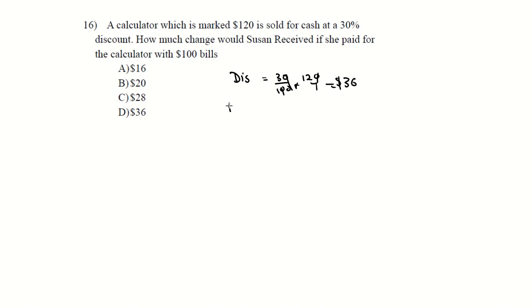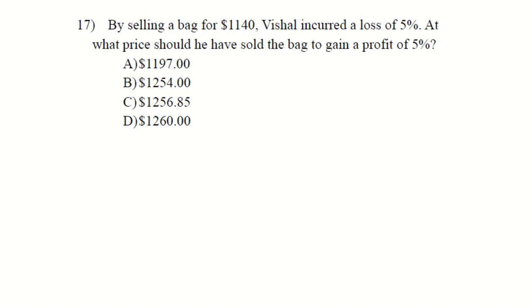So the discounted price is equal to 120 minus 36, which is $84. So if they want to know the change from 100, 100 minus 84 is equal to 16. So we know that A would be your answer. This is a repeated question, guys, so pay attention to this as well.